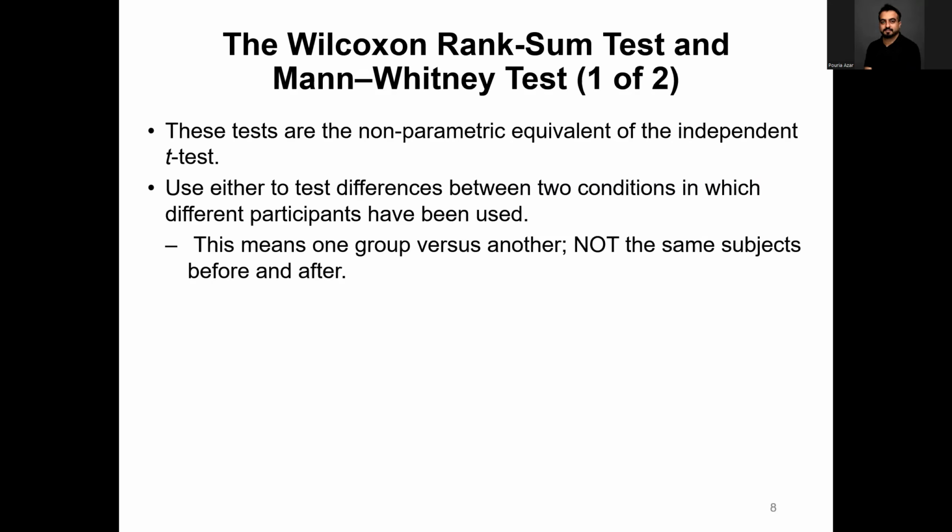These two tests, the Wilcoxon rank sum test and Mann-Whitney U-test, we use to test differences between two conditions in which different participants have been used. This means one group versus another, a male versus female, not the same subjects before and after.